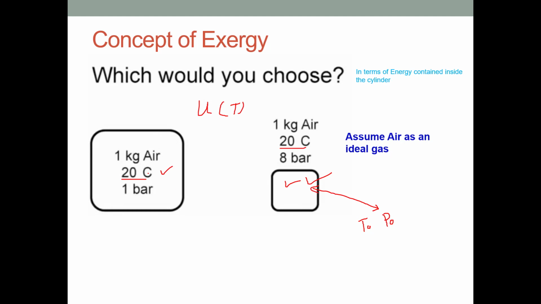The temperature gradient will be the same for the smaller and the larger cylinder, but the pressure gradient of the smaller cylinder is higher. So the smaller cylinder has more capability to give you useful work. Therefore the exergy of the smaller cylinder is higher than that of the larger cylinder, but the quantity of energy is the same, right?